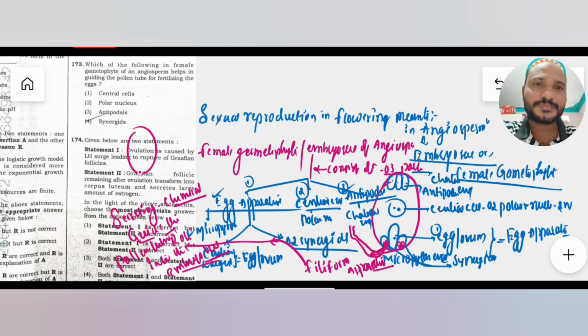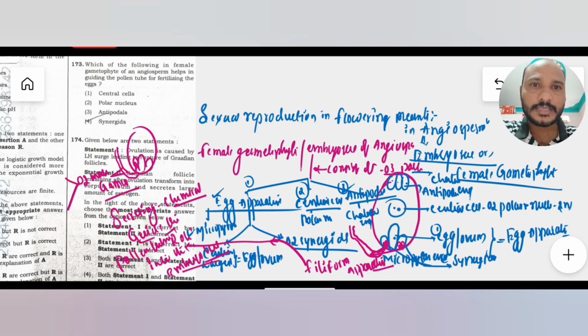So here we have the filiform apparatus, and the pollen tube enters the synergids first, because the synergid has the filiform apparatus, which secretes some chemical that guides the pollen tube entry. So what does this pollen tube carry? This pollen tube carries two male gametes.